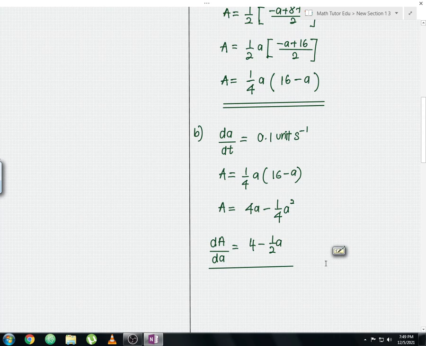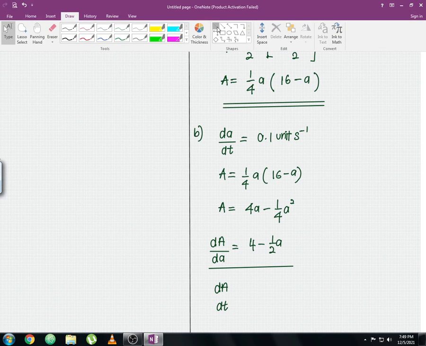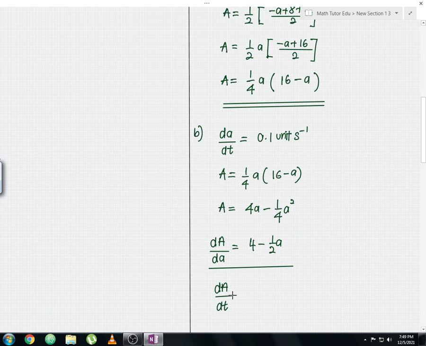The question asks us to find the rate of change of area with respect to time, which in this case is dA/dt. So technically that is the one we are finding now, so we don't know it yet. But we can find this using the chain rule method.